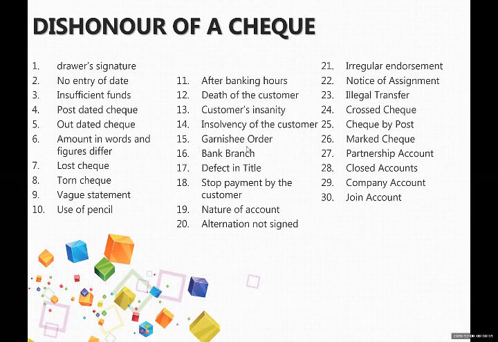Garnishee order means a court order. If the bank receives any court order, without going into any third or fourth reason, the bank will immediately stop making the payment and will dishonor the check.